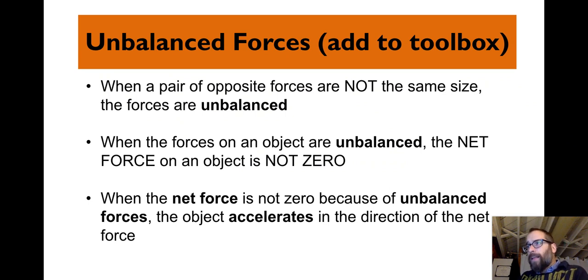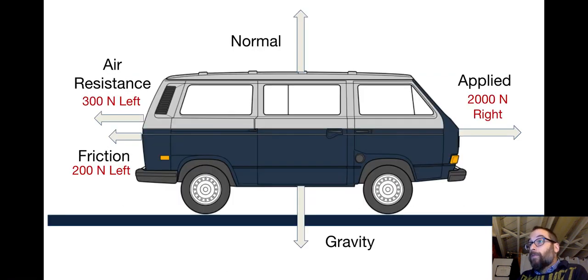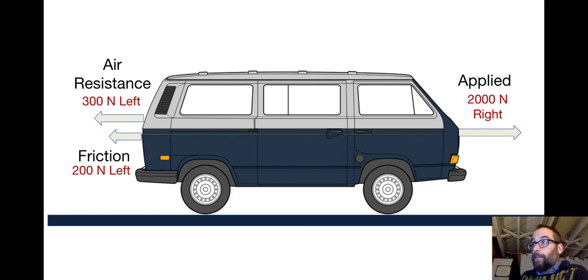Now, if we know the values of those forces, we can figure out how much net force is acting on the car or any object and what effect that force is going to have. So here's our Vanagon again. And again, we can ignore gravity and normal force because those forces are balanced and they cancel out. And essentially, we can consider the two forces acting to the left as one.